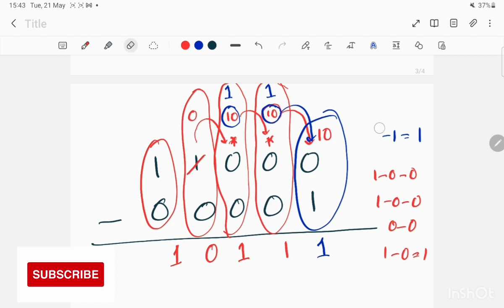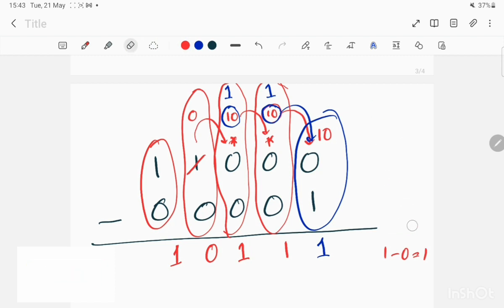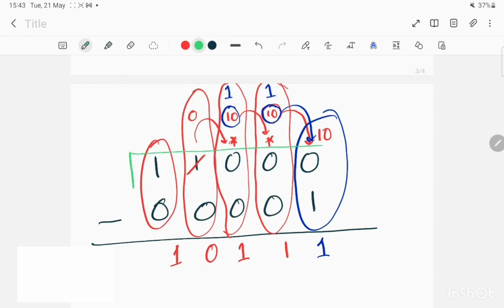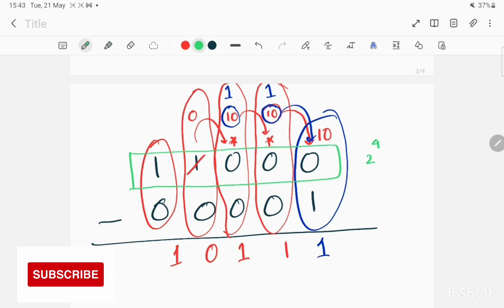Now if it is time for verification, so this number is actually equal to 2 to power 4 plus 2 to power 3.